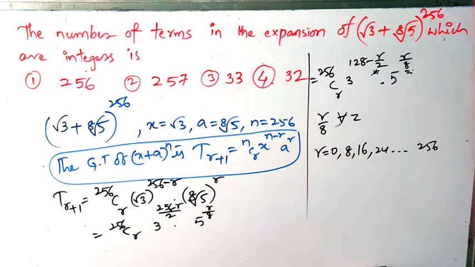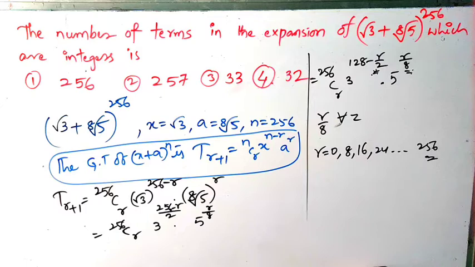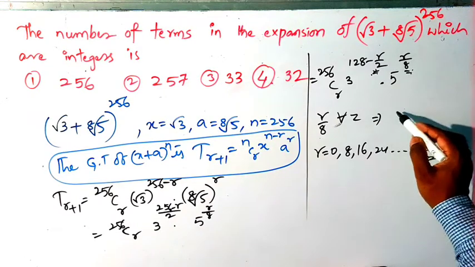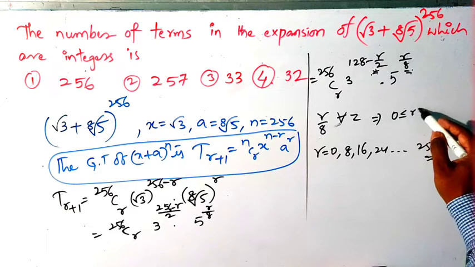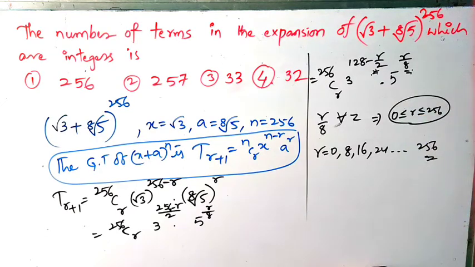Why? Because this is also satisfying the value. So the r value is 0 less than or equal to r less than or equal to 256, in between 0 to 256 also exists here.